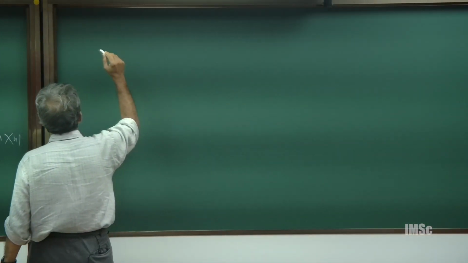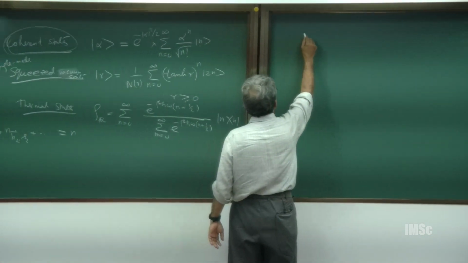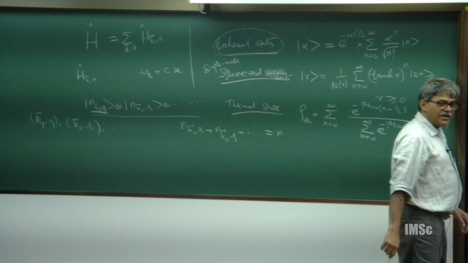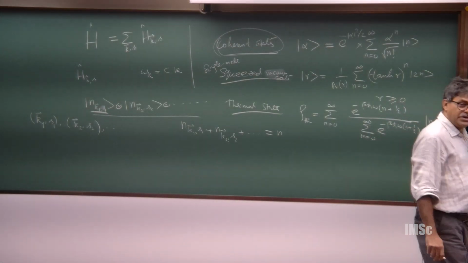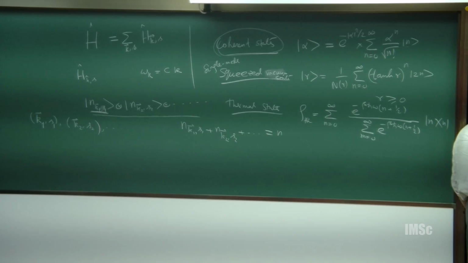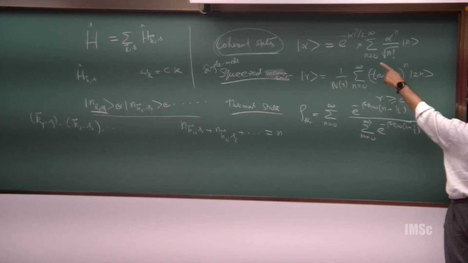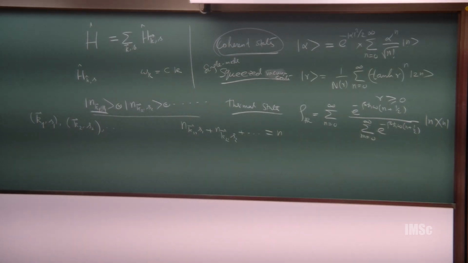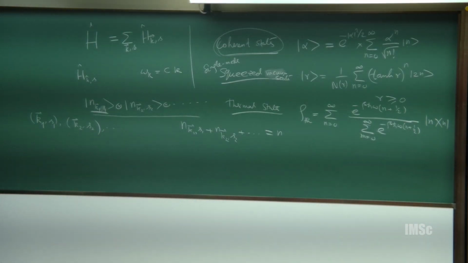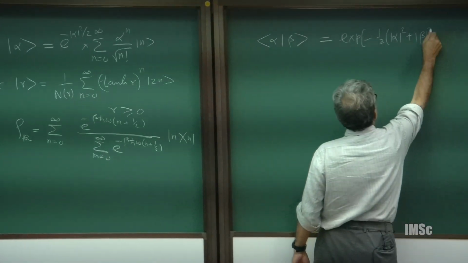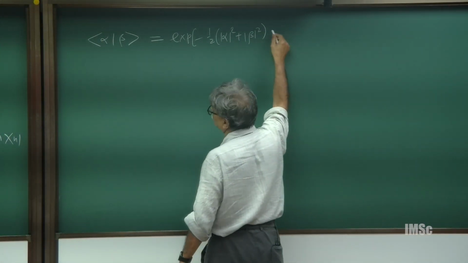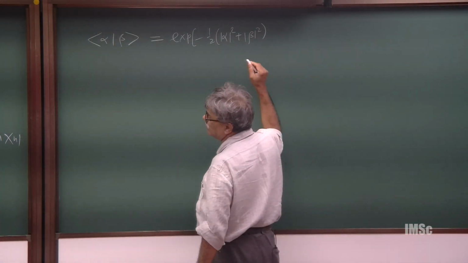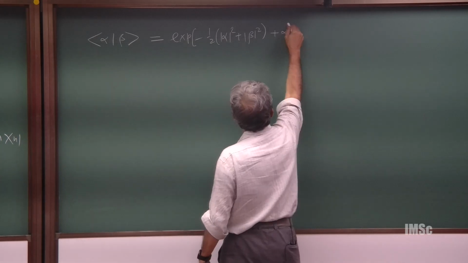Number one is that if I take two coherent states and take their overlap, with alpha and beta complex numbers, then looking at this formula, this will be the exponential of minus half (mod alpha square plus mod beta square), and then there is some term like plus alpha star beta.